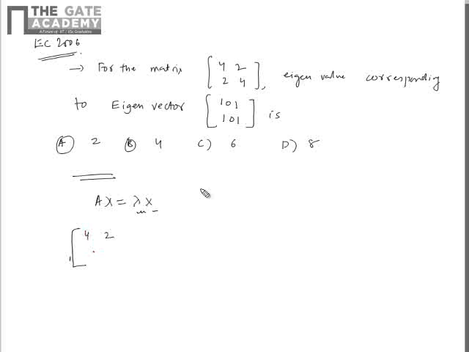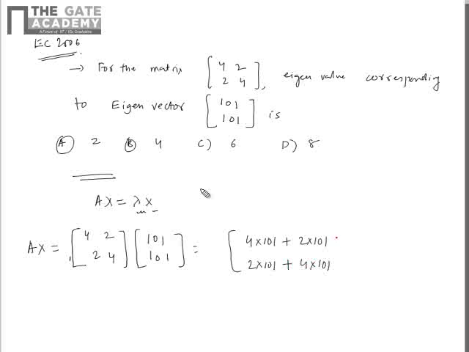So let's take [4 2; 2 4]. We are taking Ax, and the eigenvector I am taking is [1 0 1]. If I multiply, I get 4 into 101 plus 2 into 101, then 2 into 101 plus 4 into 101.